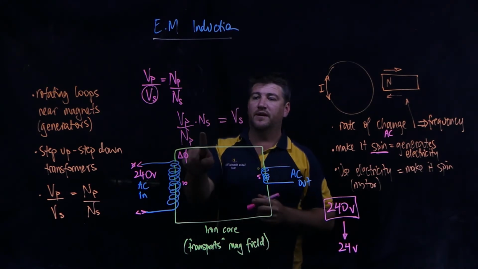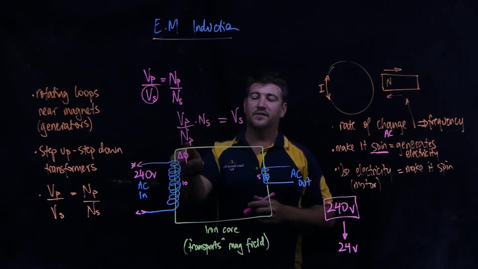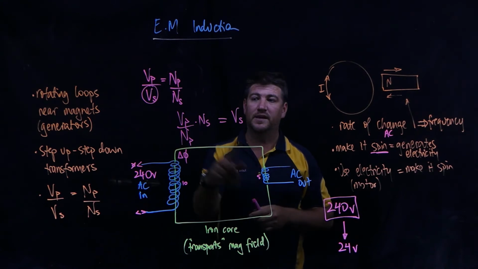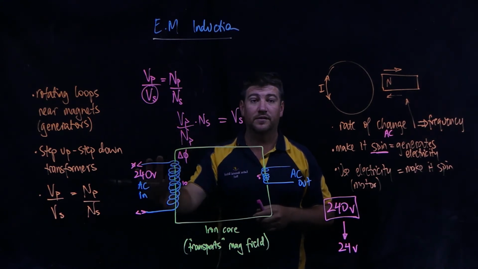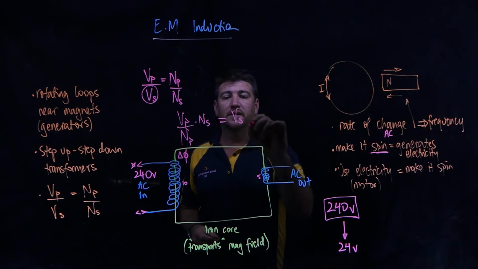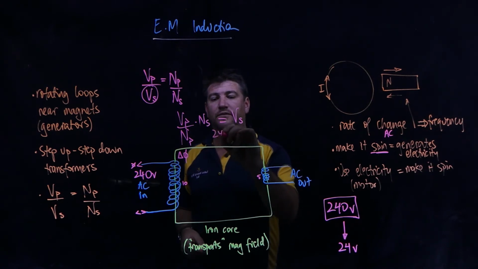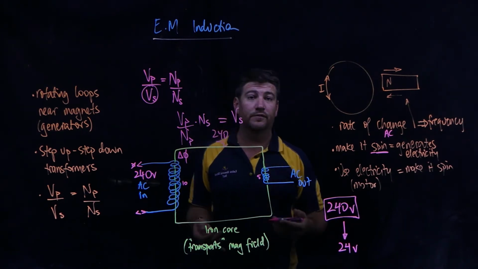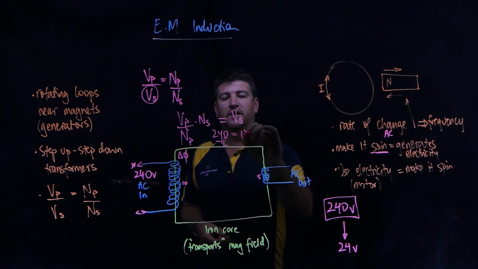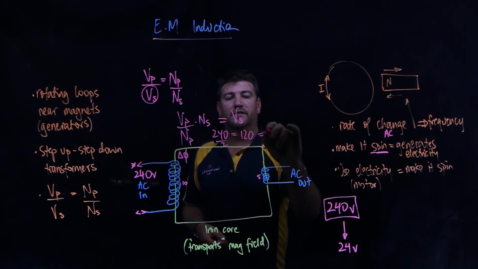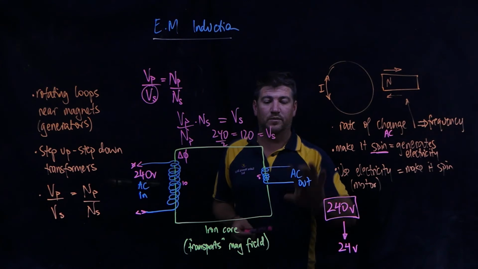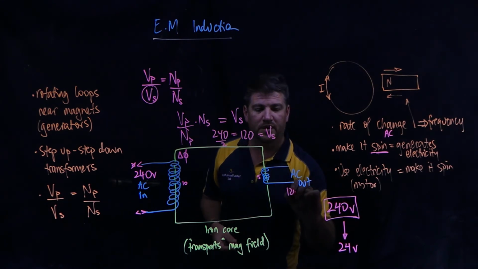So basically I have 5 compared to 10, so I have half the turns over here as I did on this side. So now I can do 240 over 2, or 240 times 5 over 10, is 120, and that's the voltage on the secondary. So that's what we would pick up over here. We would pick up 120.